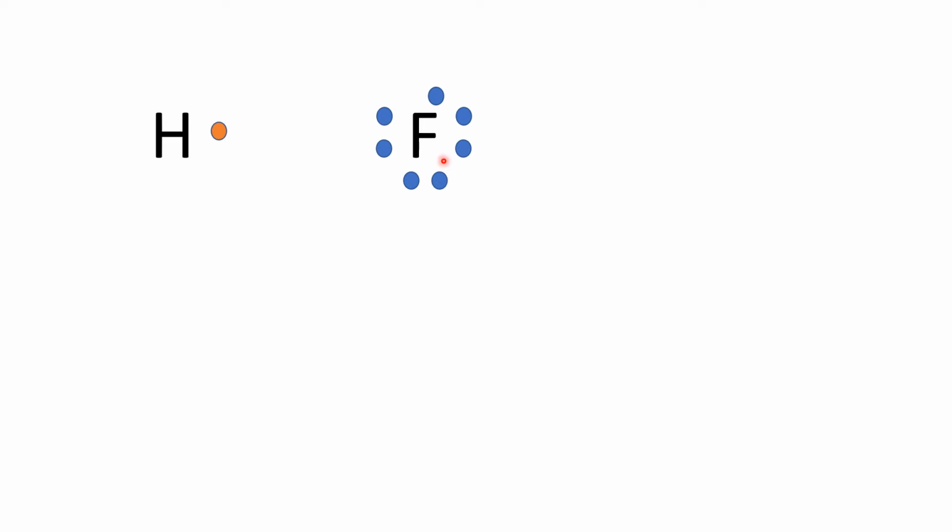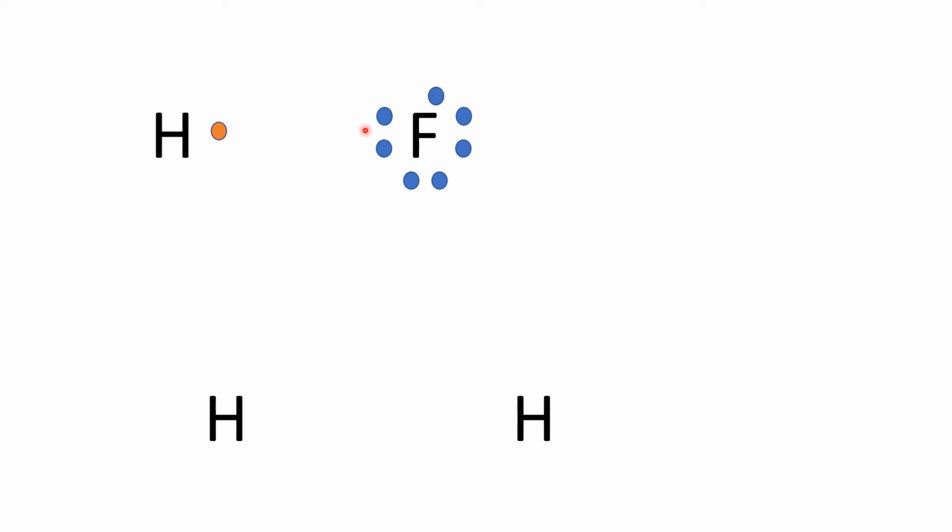Well, let's see. Fluorine's got 9. It's got 2 in the inner. That leaves 7 out here in this second shell, where there could be as many as 8. Now, fluorine is an extremely electronegative atom. Hydrogen is not. Hydrogen is middling at best.